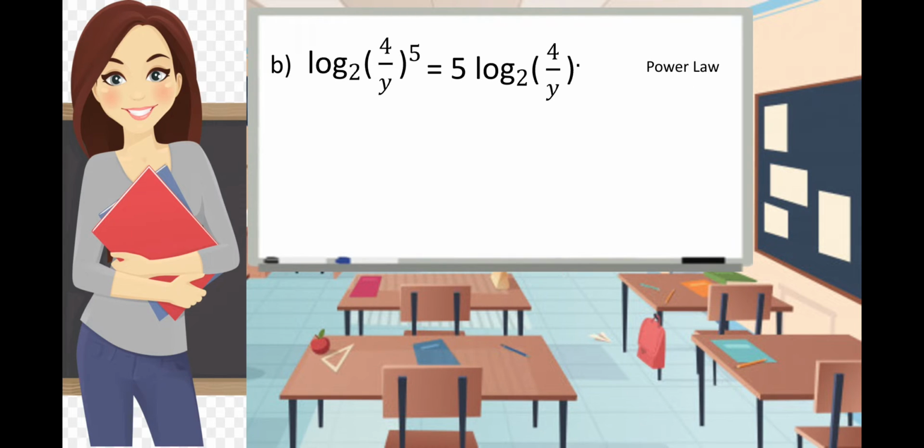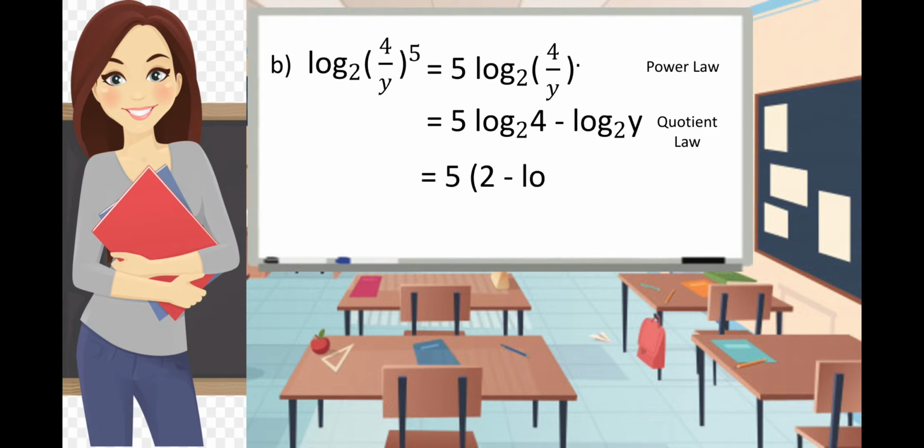Since we have the quotient of 4 and y, we're going to subtract the logarithms, that's 5 times log of 4 to the base of 2 minus log of y to the base of 2, using the quotient law. And log of 4 to the base of 2 is equal to 2. So we now have 5 times 2 minus log of y to the base of 2, which is equal to 10 minus 5 times log of y to the base of 2.